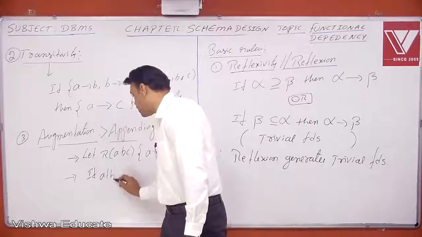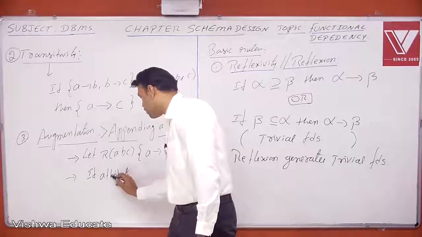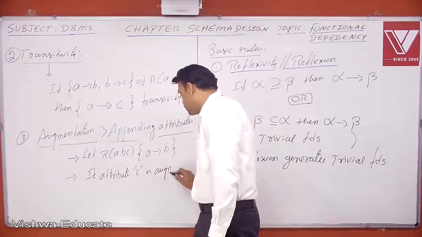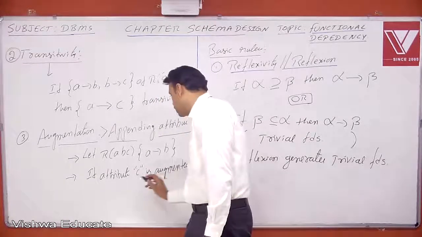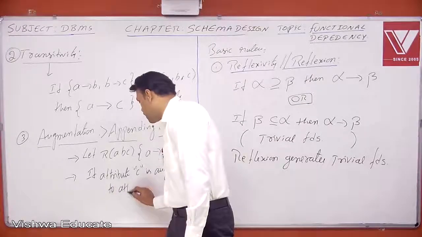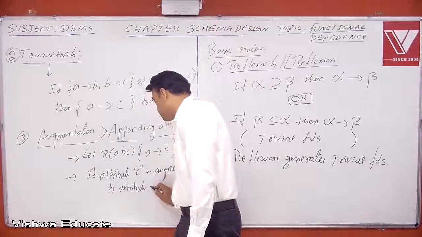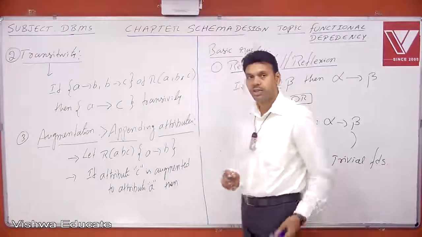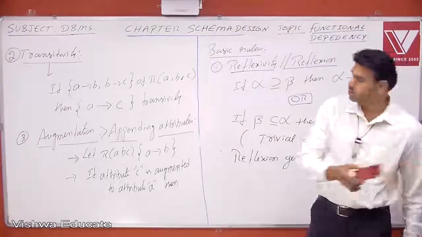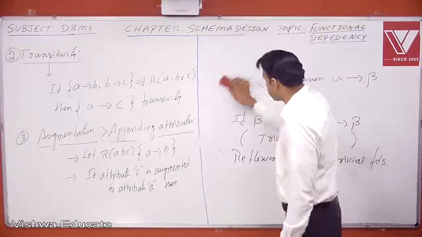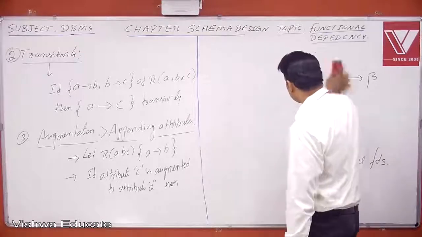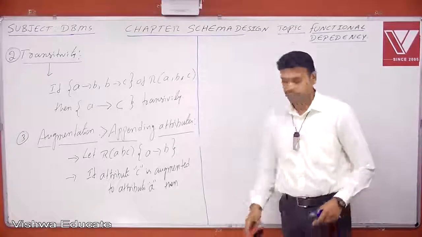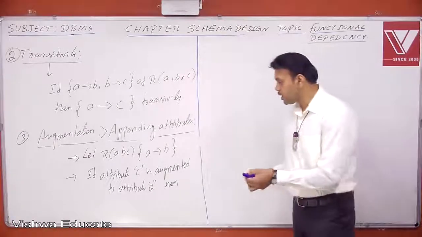If attribute C is augmented to attribute A, then what is the new production?